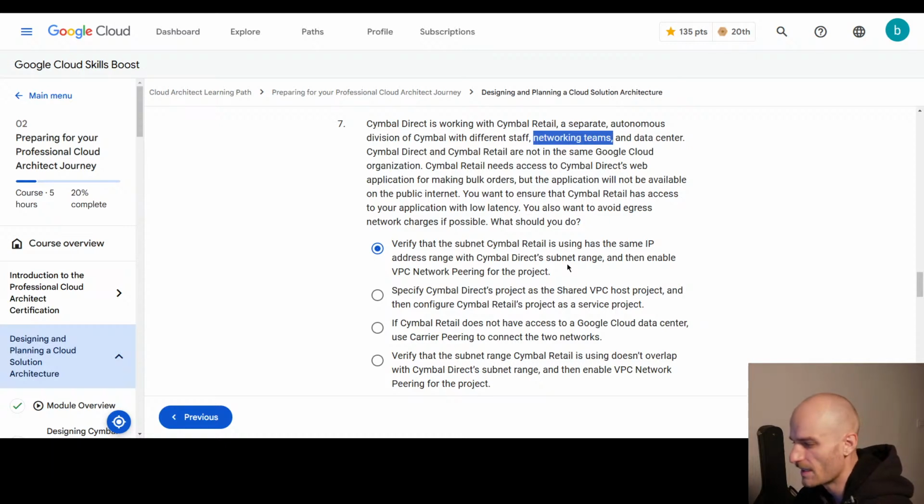I'm not sure. And then enable VPC network peering for the project. Oh yeah. Specify Symbol Direct project as the shared VPC host project, and then configure Symbol Retail project as a service project.